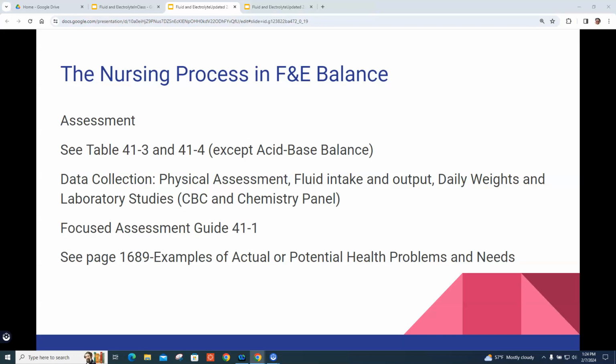You're going to want to know what you need to assess your patient, what implementations the nurse needs to do, some goals, what the problems are. So let's see what this box 41-3 looks like so you can see where to find this information. Here we are.